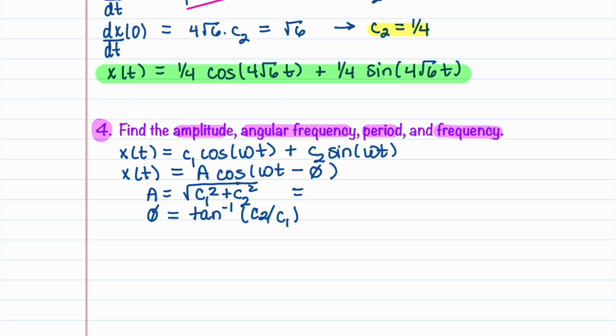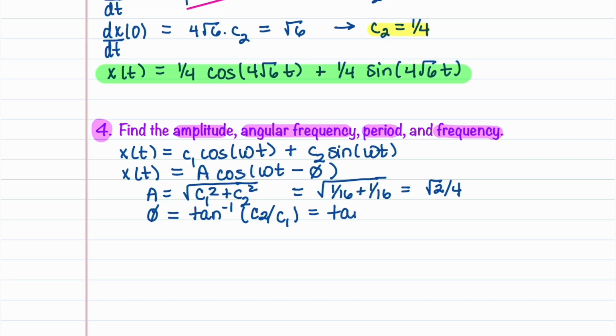Let's now plug in our constants. Our amplitude is the square root of c1 squared, so we have 1/4 squared, so that's 1 over 16, and then same thing for c2 squared. This is then equal to the square root of 2 over 4. Now let's do our phase constant.